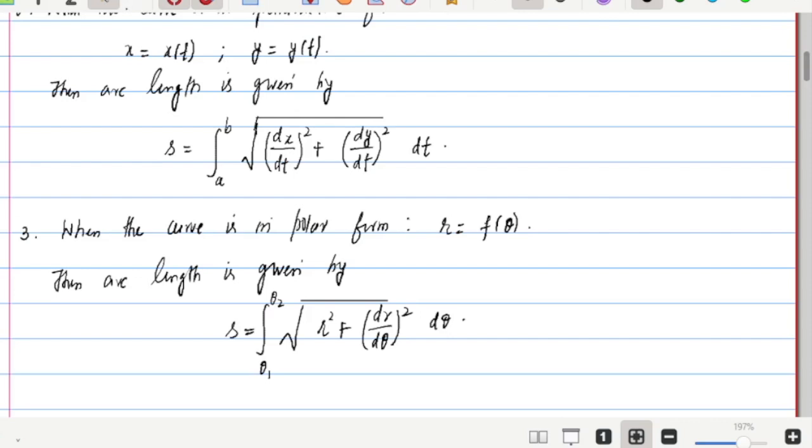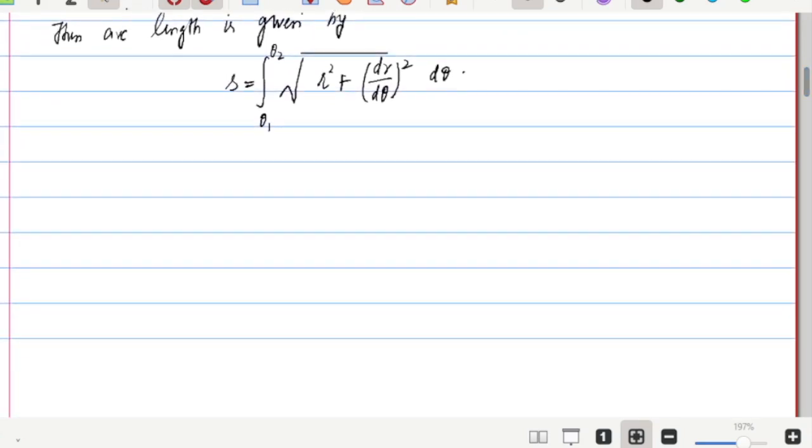एक्सरसाइज लेने से पहले हम यहाँ पे थोड़ा सा और भी यहाँ पे लिख लेते हैं. कभी कभी क्वेश्चन जो हमें एग्जाम में आते हैं वो कभी इस तरह से आते हैं. So suppose this is one remark to note here. If y is equal to f of x, then we define this derivative of arc length with respect to x.